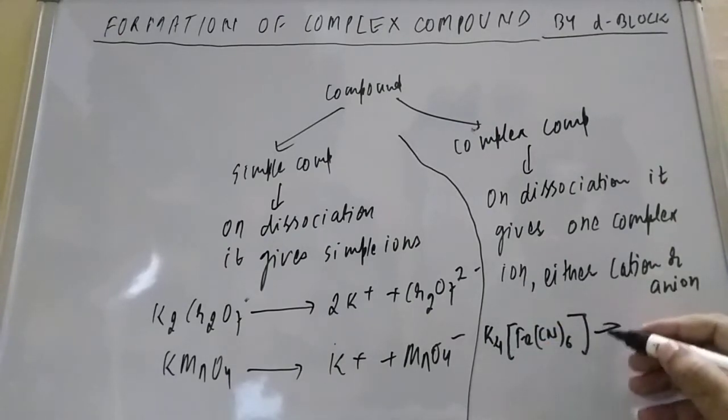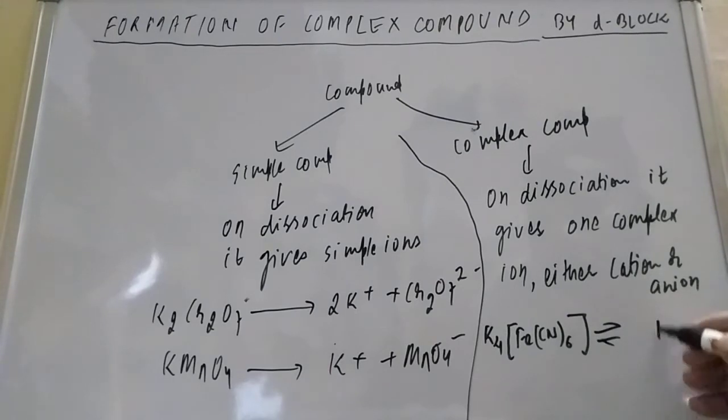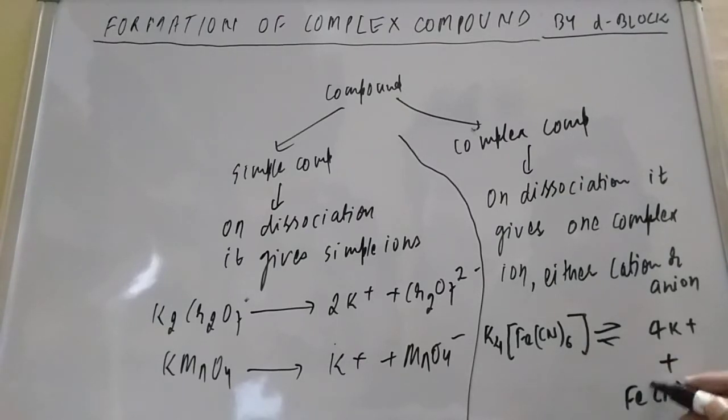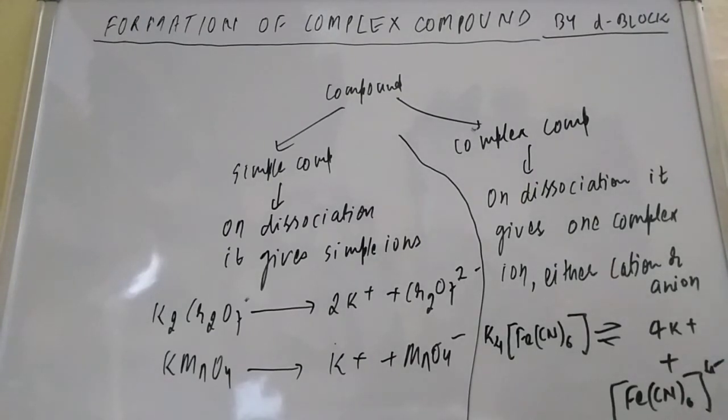If you ionize this, it will give 4K+, which is a simple ion, and one more, [Fe(CN)6] in square brackets with 4- charge. So the complex is in square brackets, and here the negative charge is there, so this becomes the anion, and K+ is the cation.